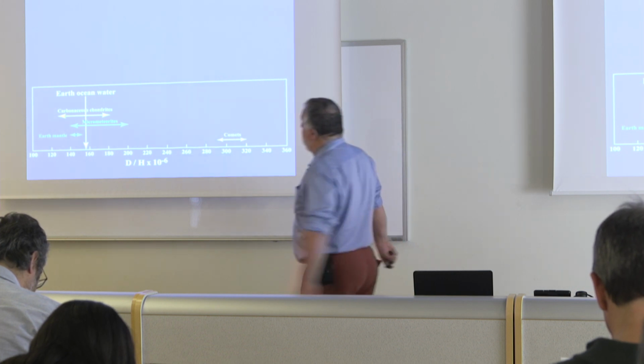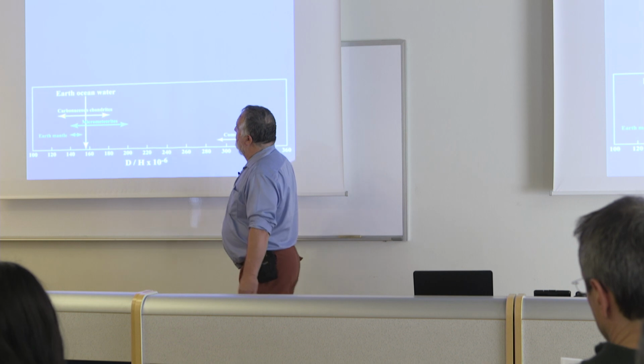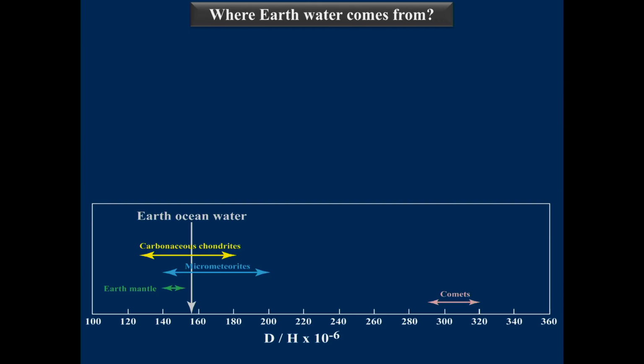We have seen this diagram, deuterium hydrogen, here, modern oceanic water, here, with the range of composition of carbonaceous chondrite, micrometeorite, and so on, and the range for comets here.